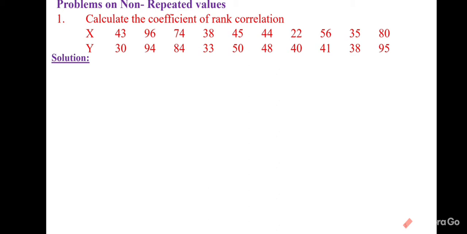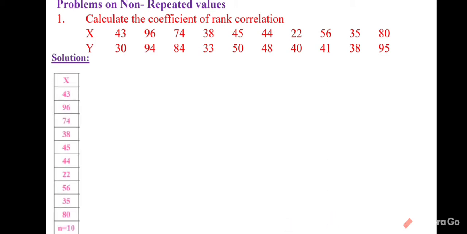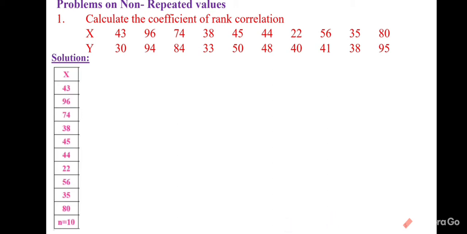Then we consider them as ranks and find out. First, x values will be written vertically. Then, what is the highest value first, then the highest value second, like that in decreasing order, we give rank 1, 2, 3, 4, 5, 6, like that.